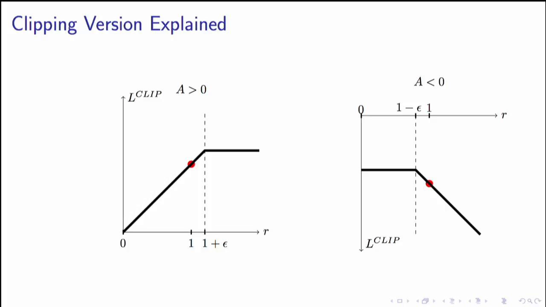So when you do this clipping, doesn't it kind of harm the convergence of the algorithm? The question is, when you do clipping, doesn't this harm the convergence? Conceivably you're making the objective much more non-smooth.